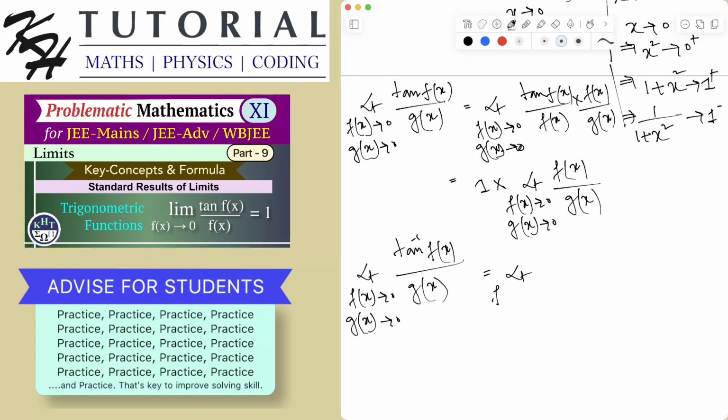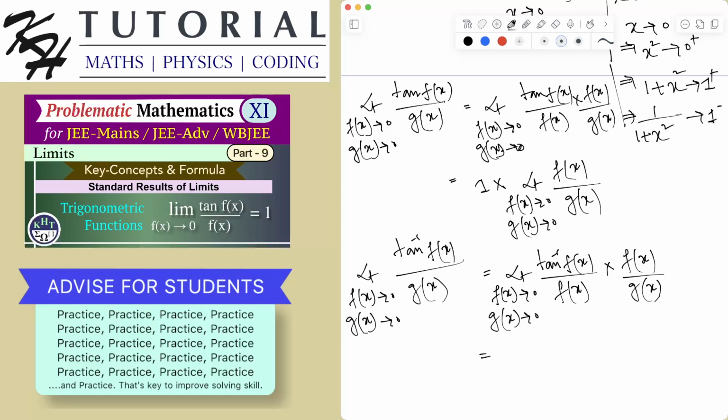So this becomes the limit of tan inverse f(x) divided by f(x) multiplied by f(x) divided by g(x).